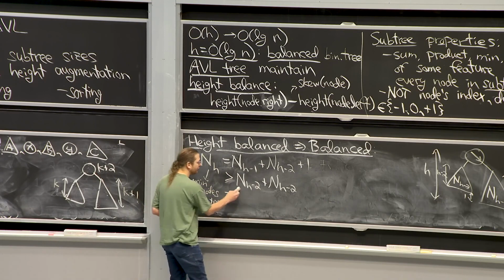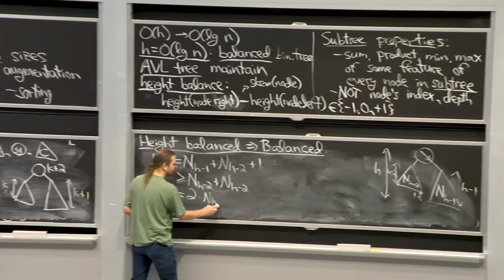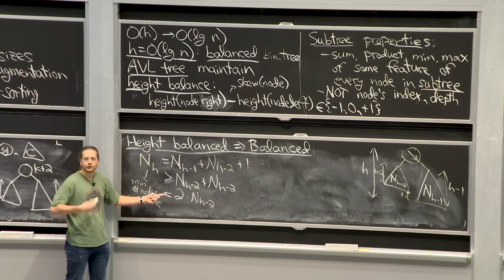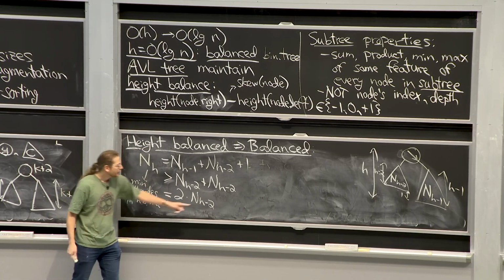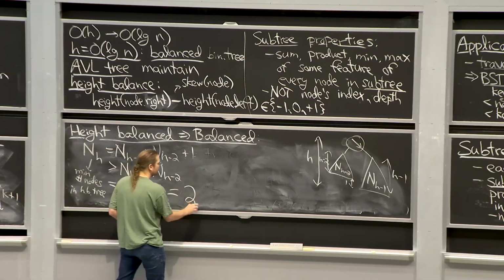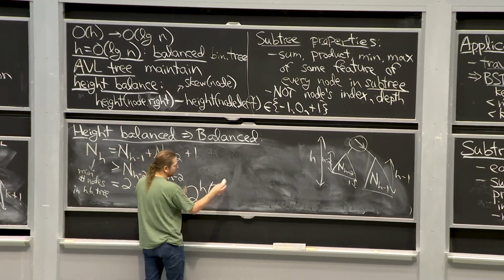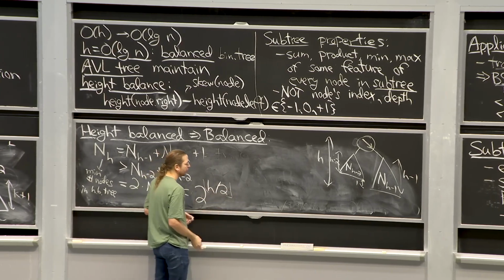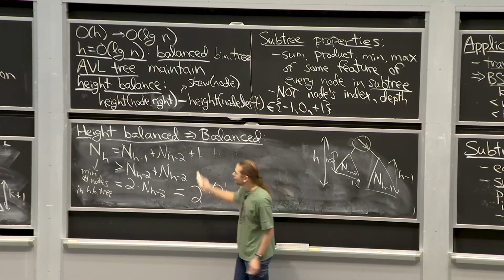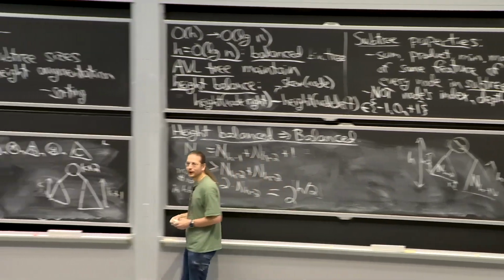Now this is 2 times n sub h minus 2. And this is an easy recurrence. This is just powers of 2, right? I keep multiplying by 2 and subtracting 2 from h. So this solves to 2 to the h over 2, maybe with a floor or something. Okay, but I'm using a base case here, which is n sub 0 equals 1.